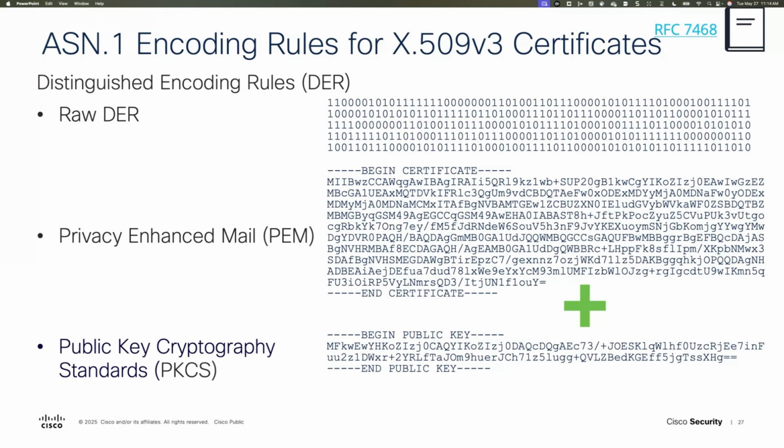Now the public key follows the public key cryptography standard, so PKCS. And we'll talk about PKCS more in a minute. And that's also base 64 encoded with a header and a footer. So you take both of those, your privacy enhanced mail, your PEM, and your PKCS file, and that's how you get a secure certificate.